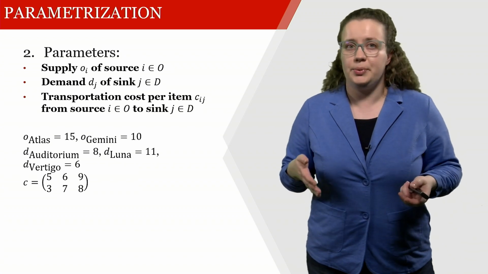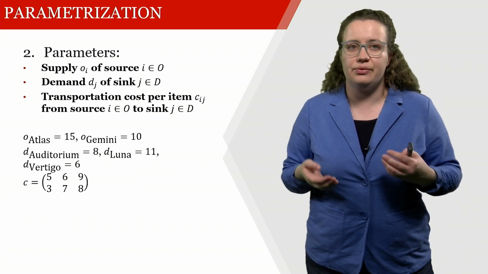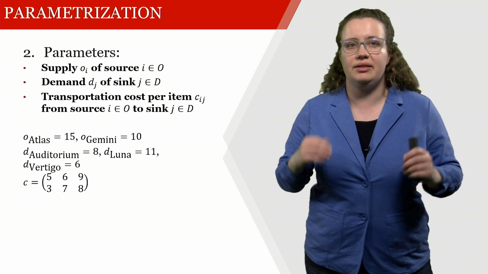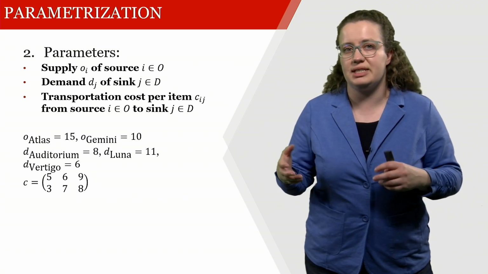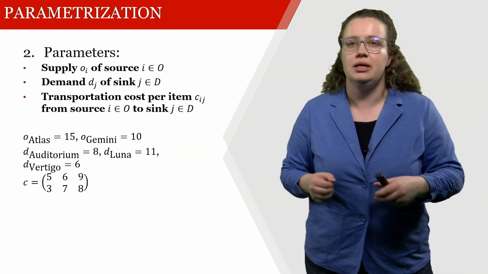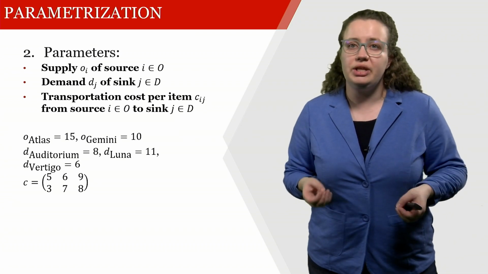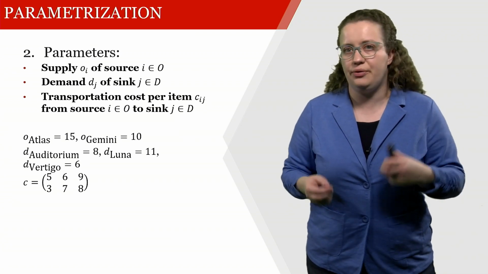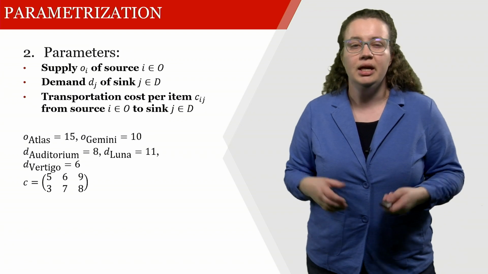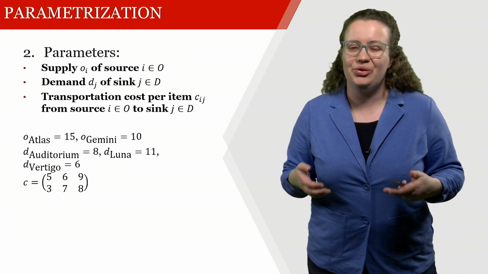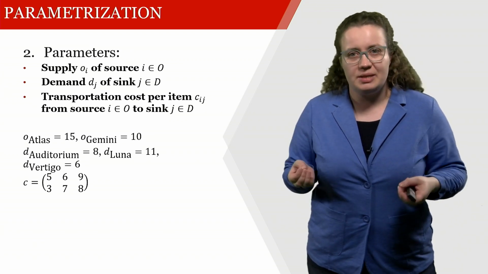And then the transport costs, which is always given from one location to another location, is given by 5, 6, 9, 3, 7, 8. So this is something we can directly read off from this figure that we saw a few slides back. But now, let's first and foremost continue with this recipe for formulations.